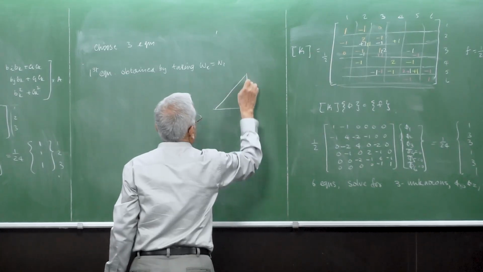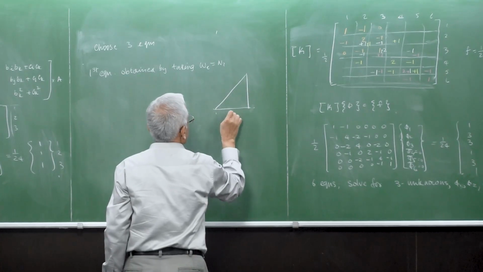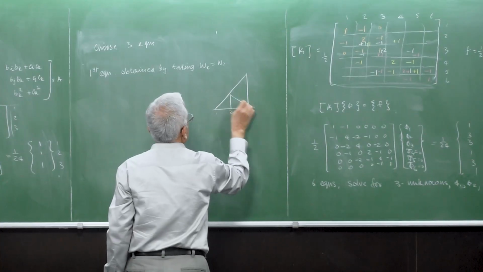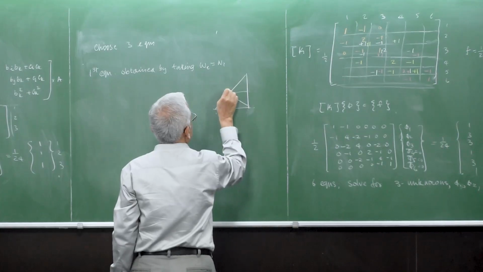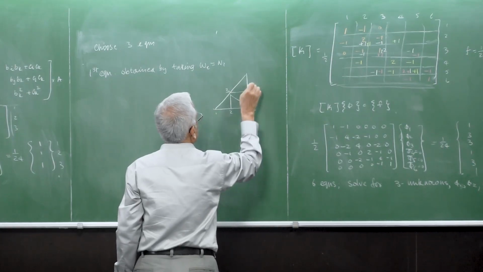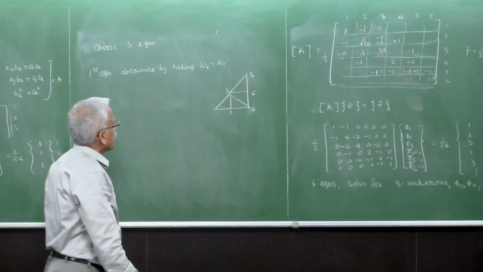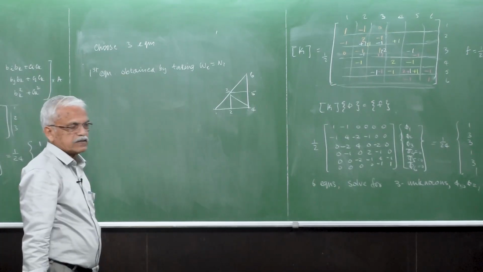This is 1, 2, 3, 3, 4, 5, 6, obtained by taking Wi equal to N1.